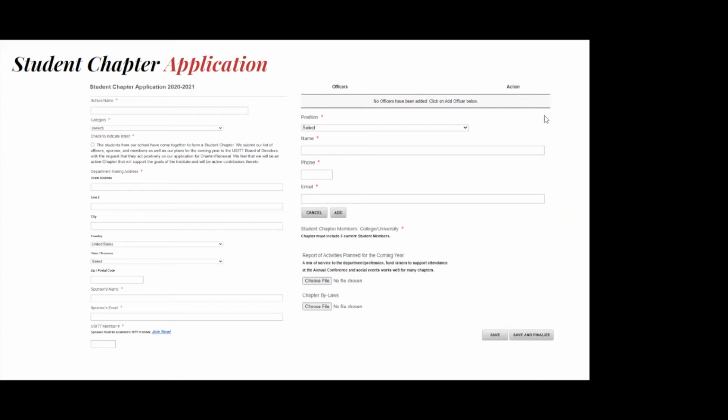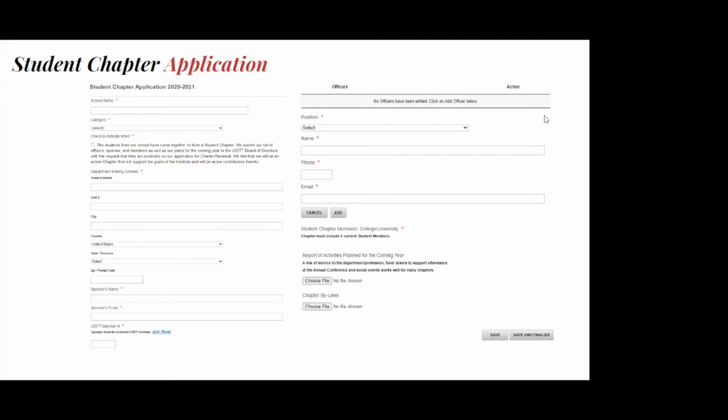If the red button isn't working, let us know and we will get it to work. But this is what it will show when you're done, and it's so much simpler than it used to be. You just fill in these things, you attach the bylaws, whatever they are.